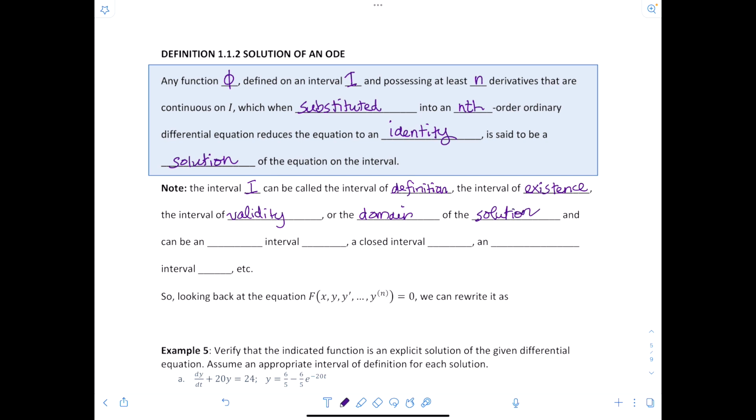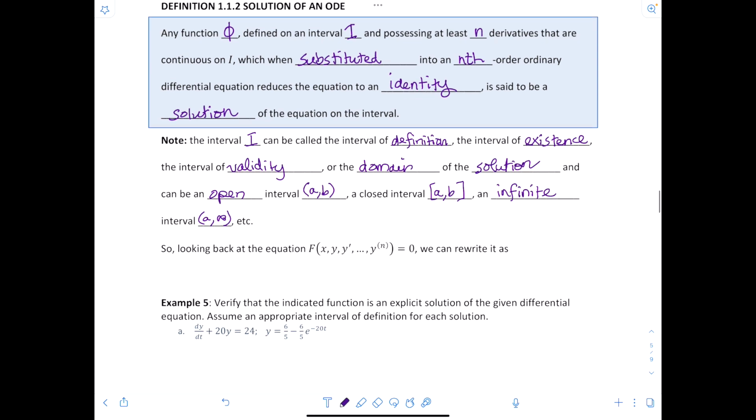And it can be an open interval from A to B, say, a closed interval from A to B, an infinite interval, etc. Let's just call it A to infinity, non-inclusive.